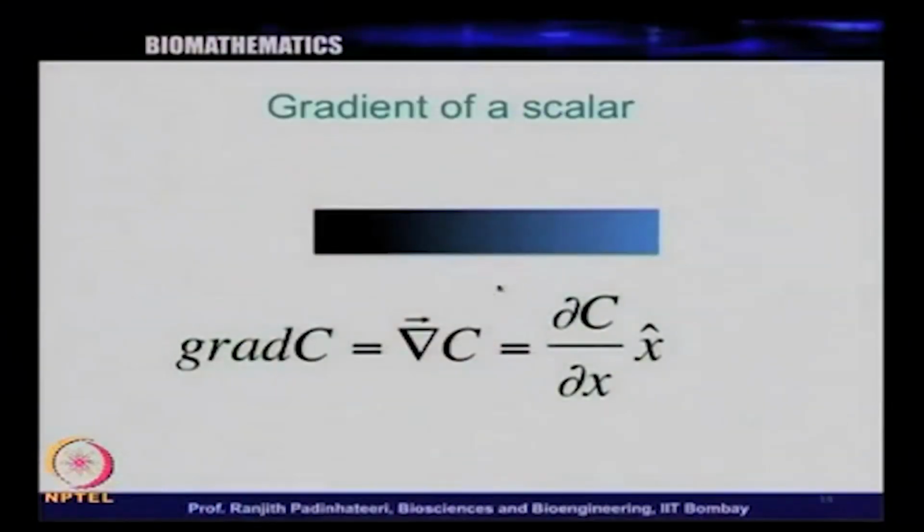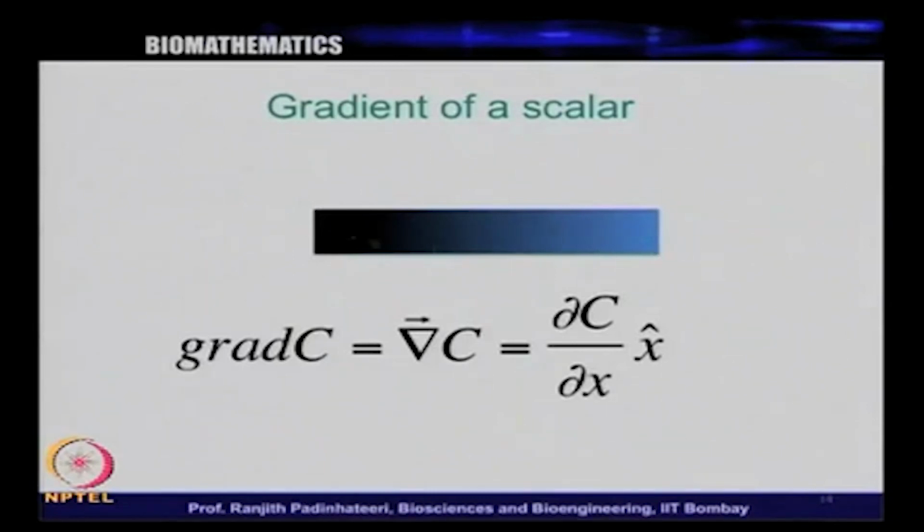And one more idea which I want to mention briefly today, and which we will elaborate on in the coming classes, is something called gradient. Have a look here. Imagine this is the concentration of some protein, and the concentration of the protein is more here and less here.